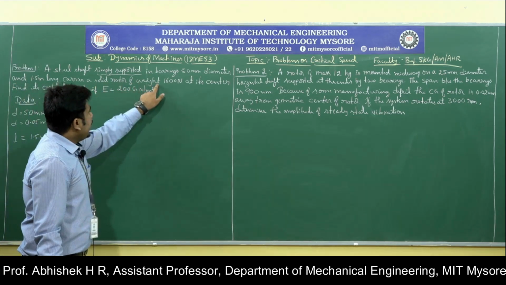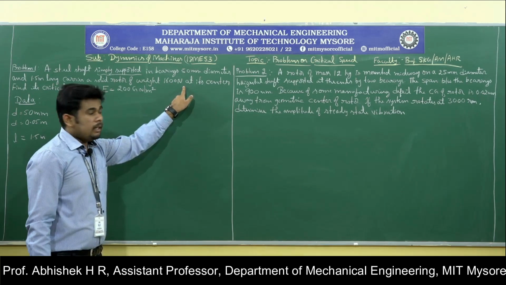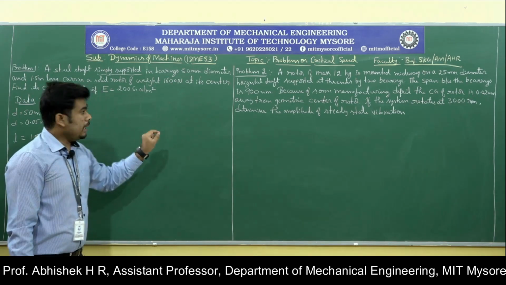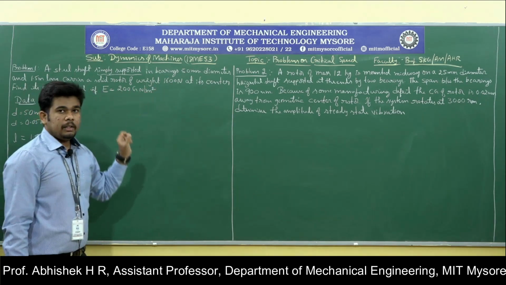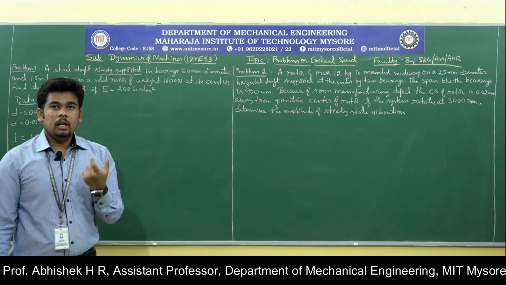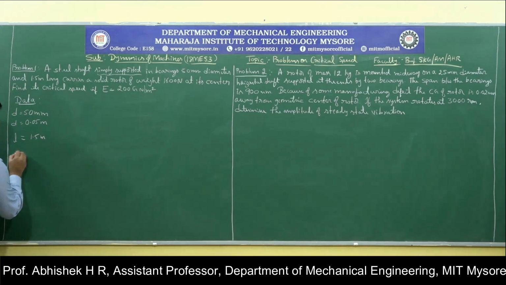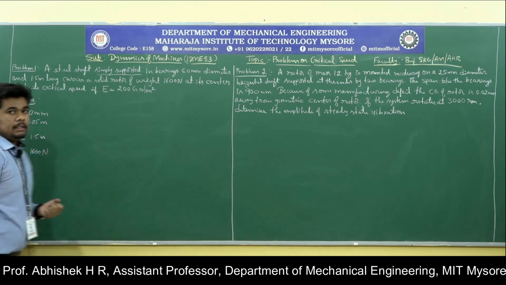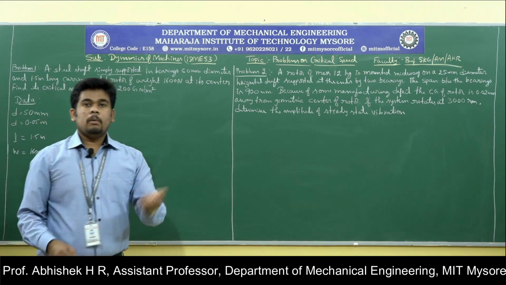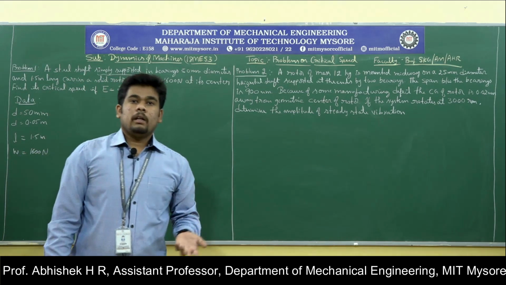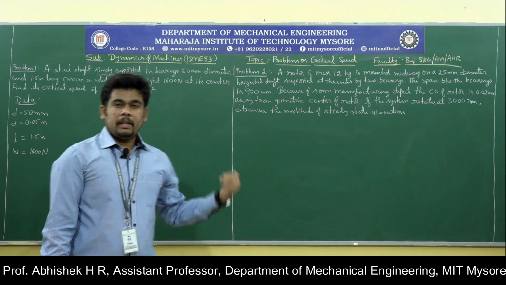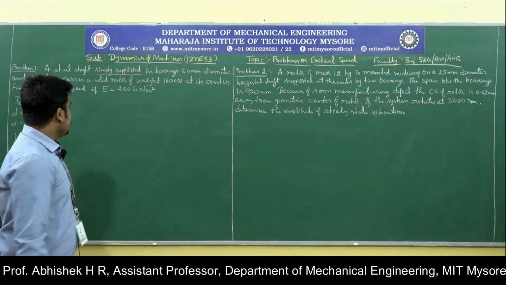Solid rotor of weight 1600 Newton at its center, which means 1600 Newton is the weight of the rotor or the disc. So it is in Newton. In some of the problems they may give in kg also, but here we have Newton.